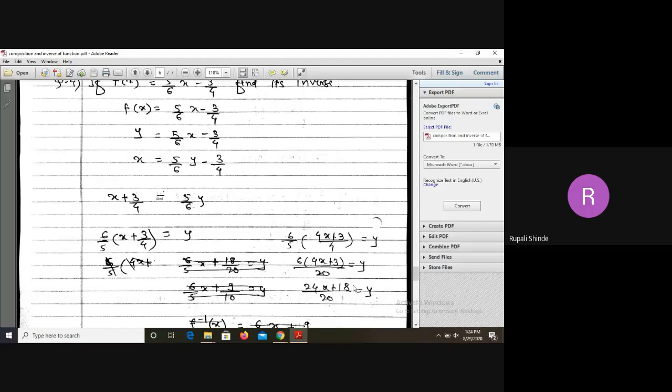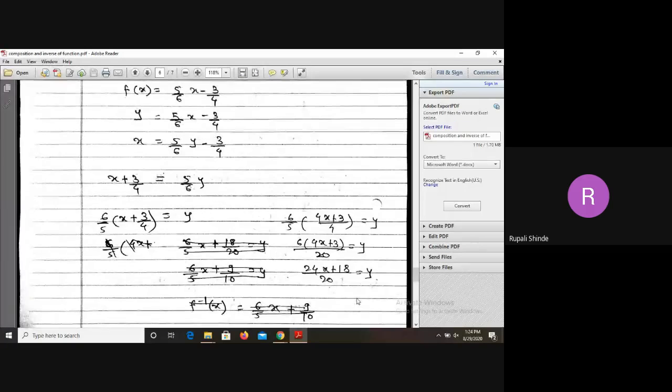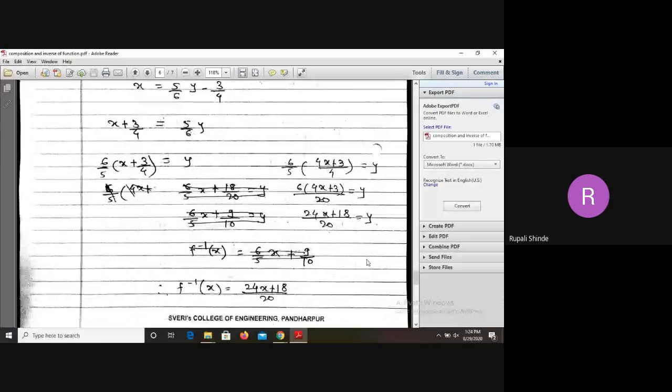So this is the equation for y. Now apply the last step: replace this y by f inverse of x. That's why f inverse of x is equals to 24x plus 18 divided by 20. So this is the correct answer.